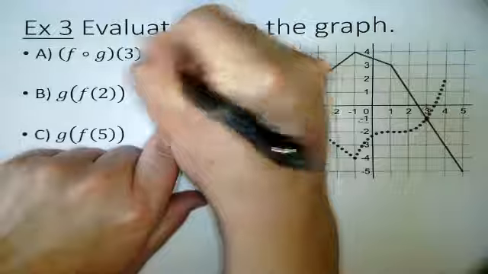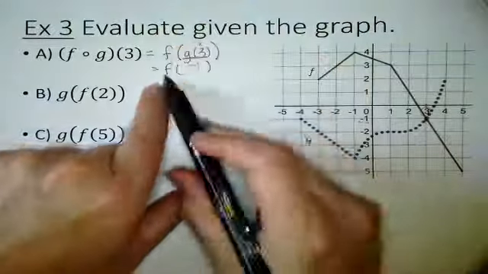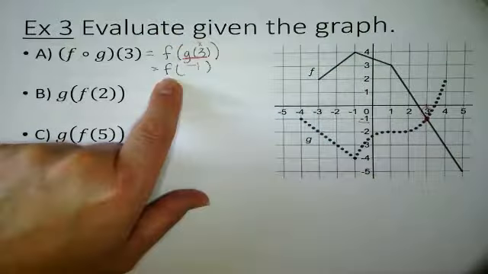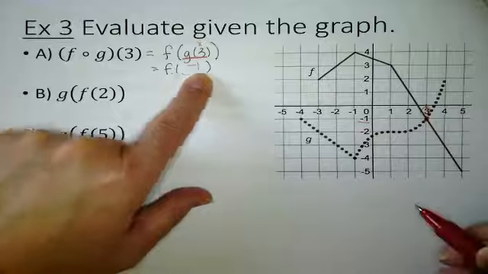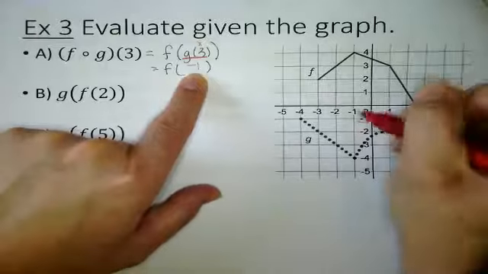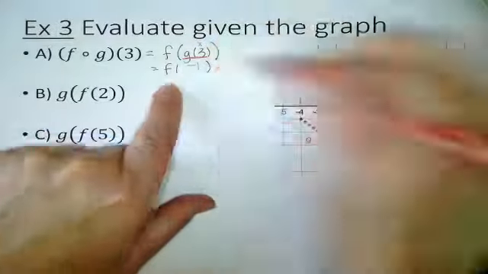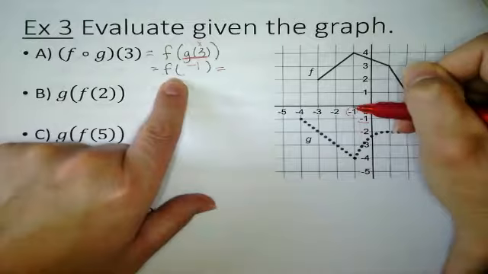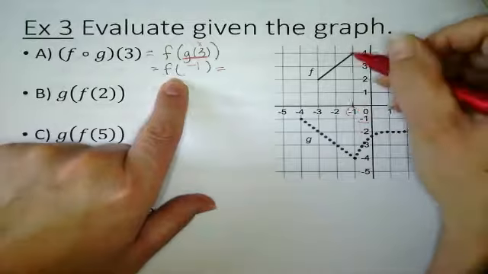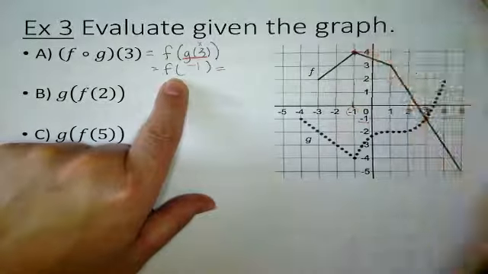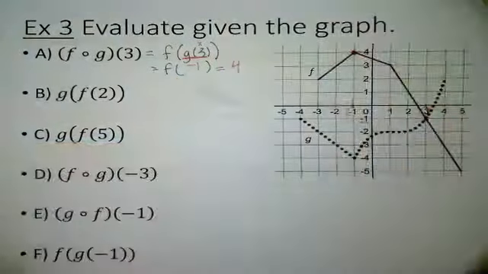And so now it's saying what's f of -1? So that says go to the f function. There's the f function. Where x is -1, here's where x is -1. They want to know what is the output. If the x is -1, what's the output? Right here is 4. All right, take a moment and try.